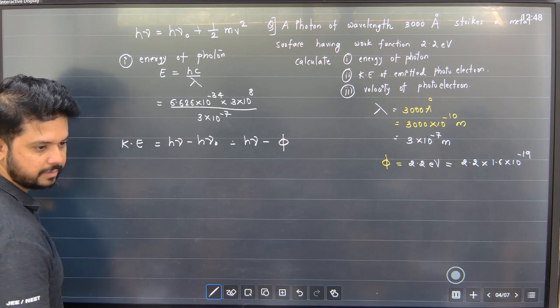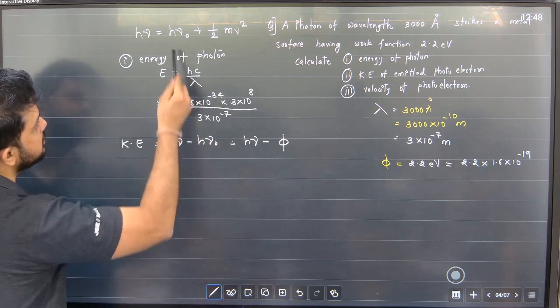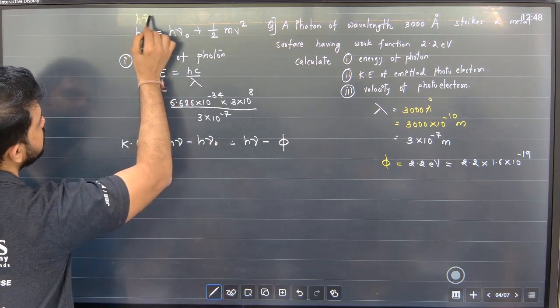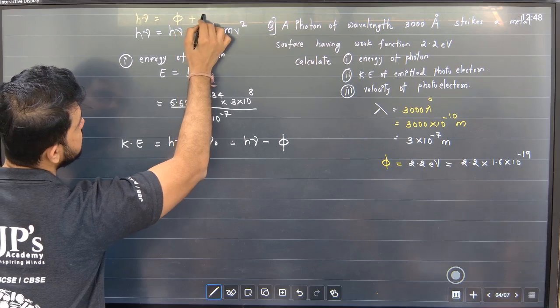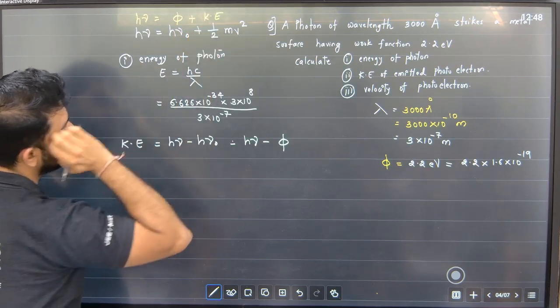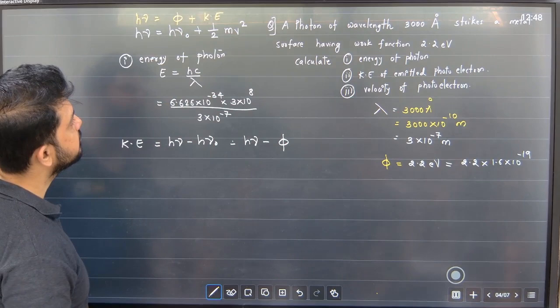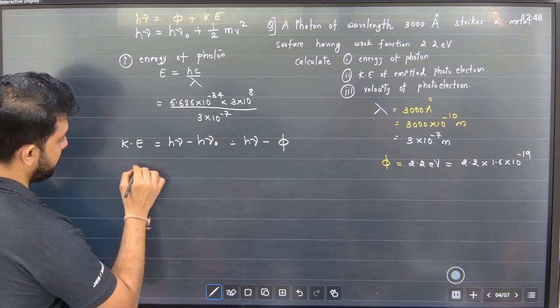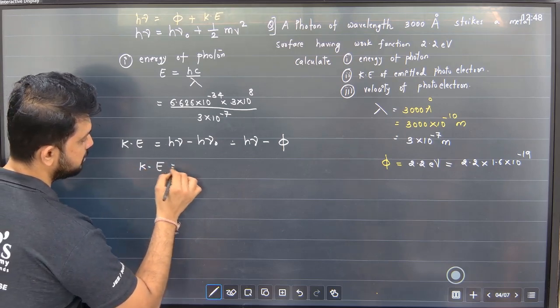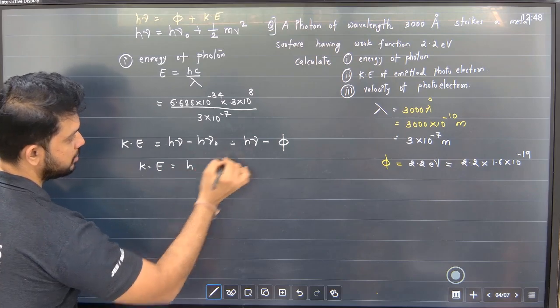Any questions over there? I got that formula from here. h nu naught is work function, and this is the kinetic energy. Now, so kinetic energy will be equal to h into nu.